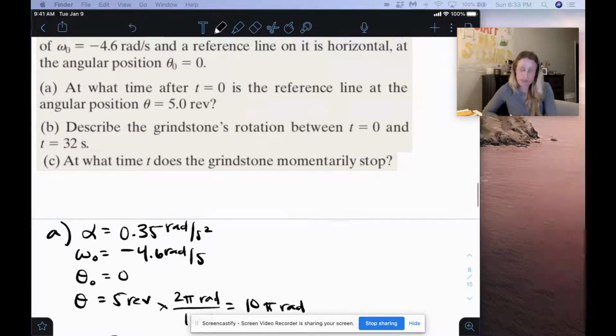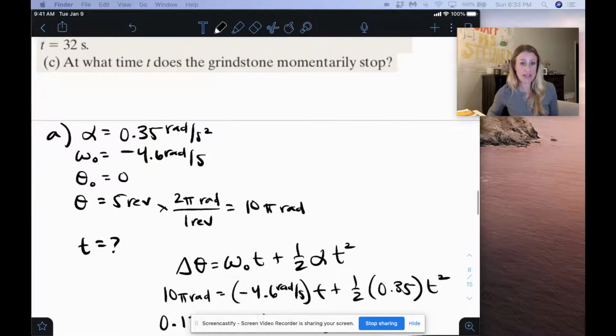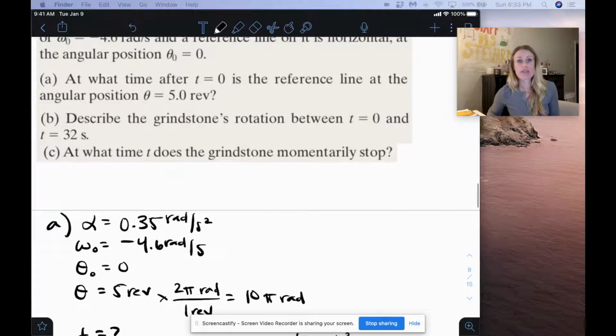For letter B, it says describe the grindstone's rotation between t equals 0 and 32 seconds. We just found that at 32 seconds, the reference line is at a positive 5 revolutions, a positive displacement.